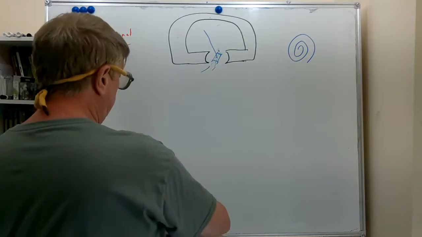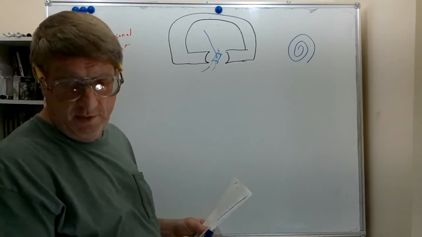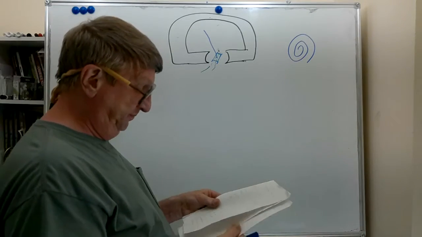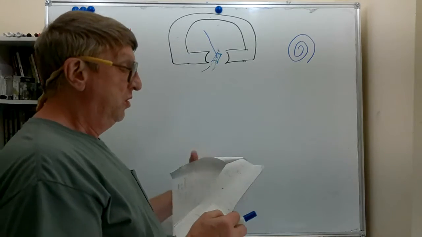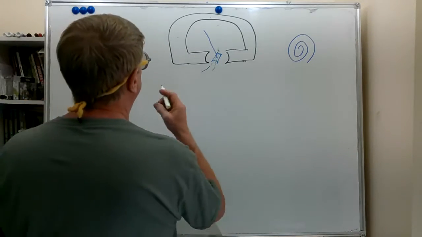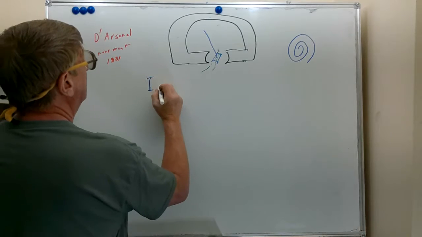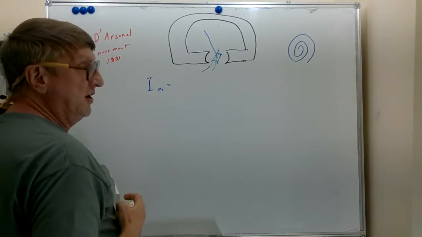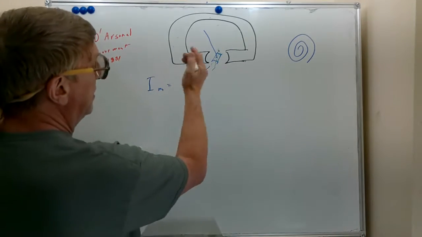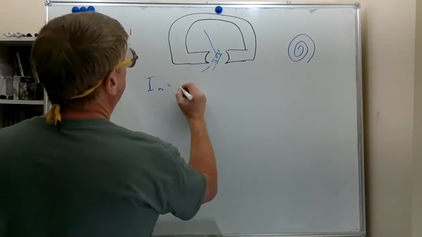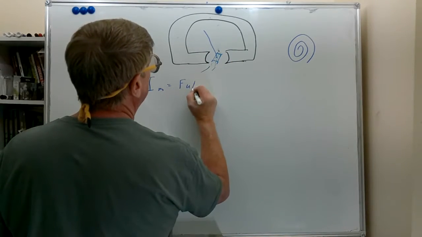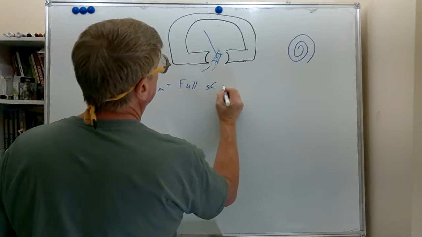Now there are characteristics of this meter that are important. One of which is called IM, the current of the meter, which is the amount of current that's required through this little coil to create a full scale deflection.